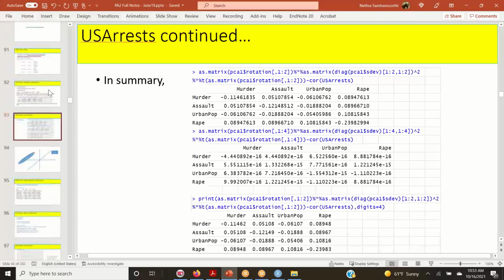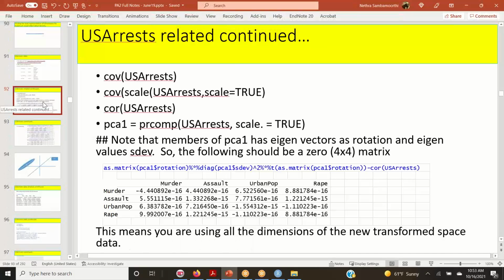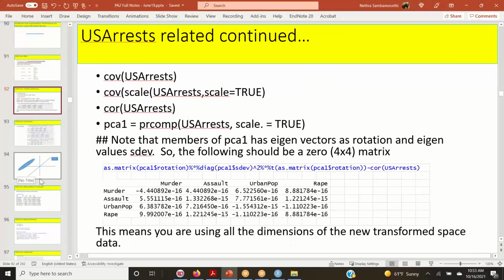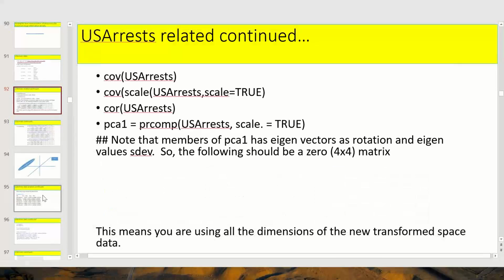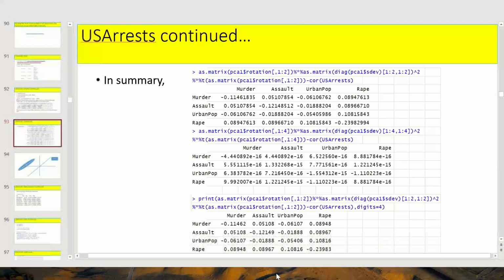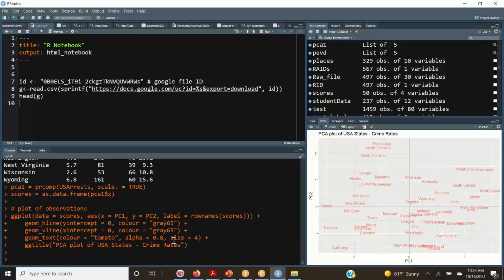Wait one minute. I want to come back to you. Let's go to R and do the correlation.